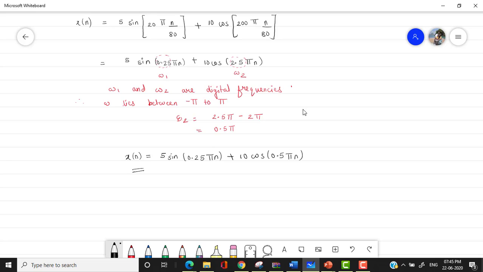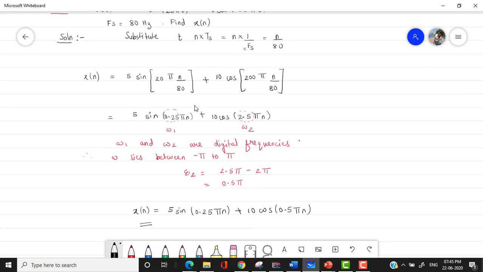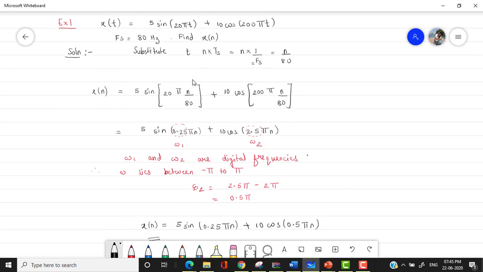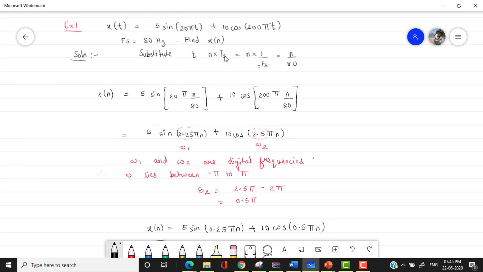So this is clear: for any kind of equation that you get, to find the sampled signal or discrete time signal you just have to substitute t is equal to nTs, and Fs will be given in the question. If Fs is not given in the question, what is to be done we will see next.